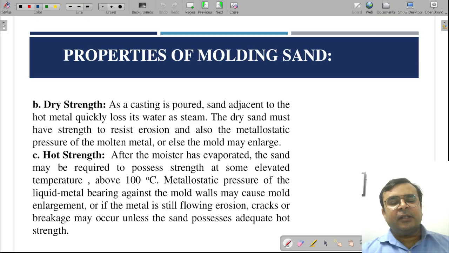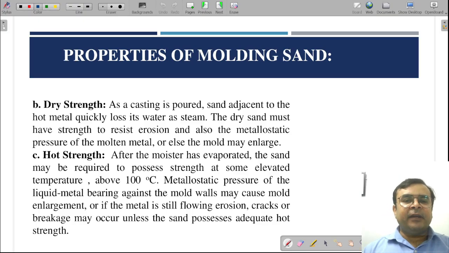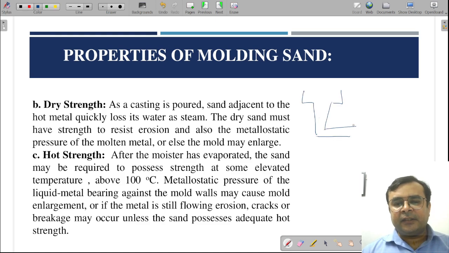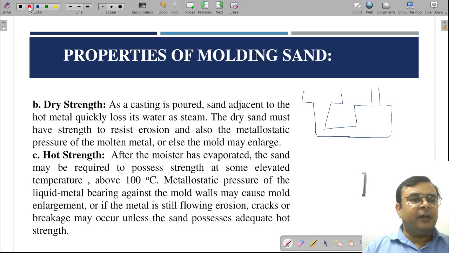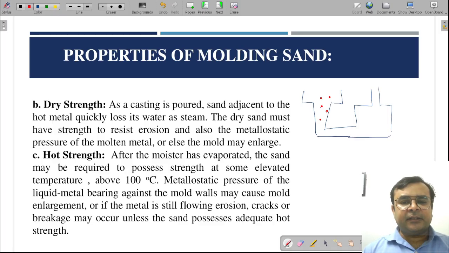Similarly, dry strength. When you pour the molten metal and the molding sand comes in contact with it, the moisture gets evaporated and it becomes dry. Let's suppose if you see here, this is the pouring cup and sprue, then this is the runner and this is the mold cavity. When you pour the molten metal like this, obviously the molten metal rubs this surface.